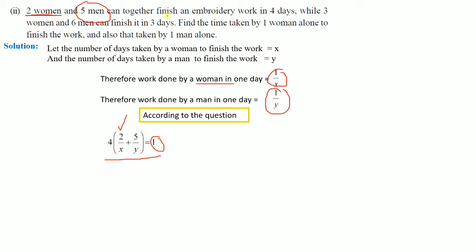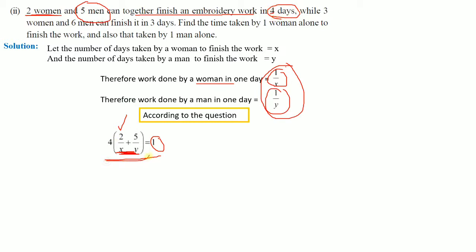Now, together they finish the work, which means we have added these two things. Be very careful over here. How many days do they take to complete the work? In 4 days. So this 2 upon x plus 5 upon y is the work by 2 women and 5 men, but for 1 day only. According to the question they were engaged for 4 days in that work.